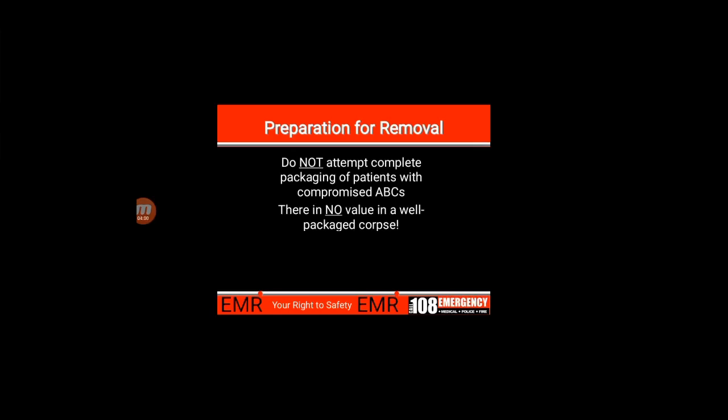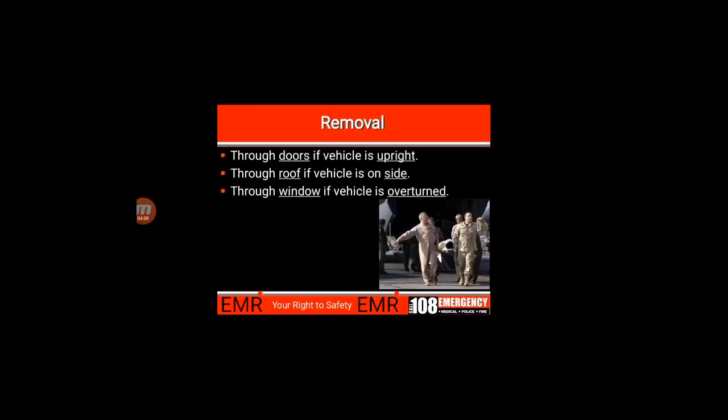Do not completely wrap the patient in gauze. The main point is through the door if the vehicle is upright, through the roof if the vehicle is on its side, through the window if the vehicle is overturned.